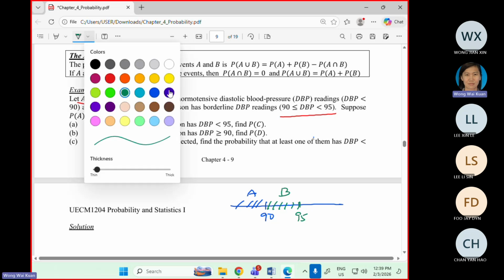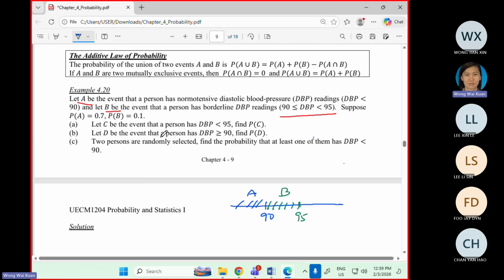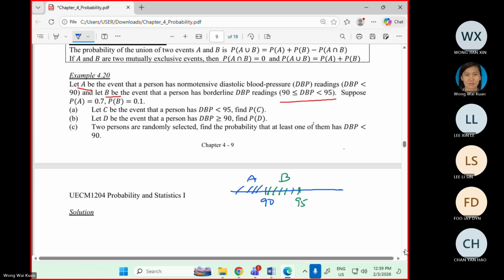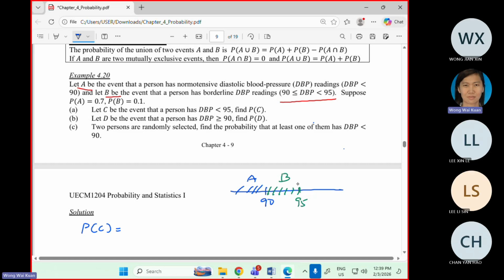Less than 90 is A, 90 to 95 is B. Then what happened to C? C is less than 95, so what is C? C includes A and B, right?